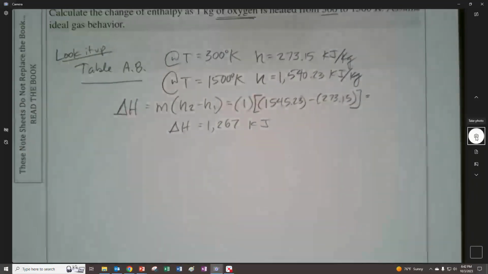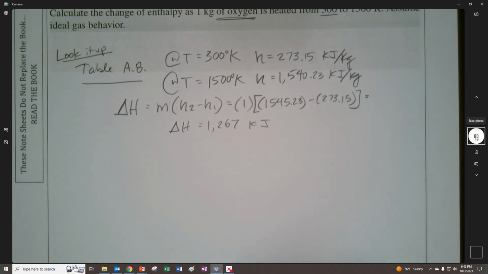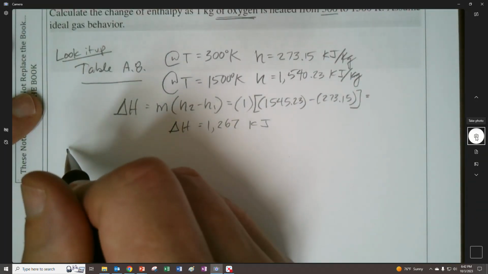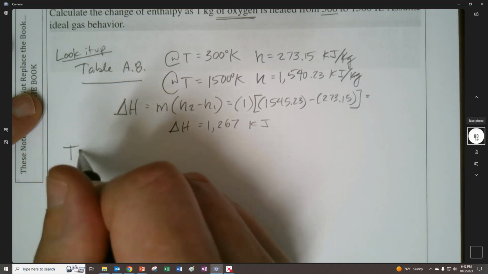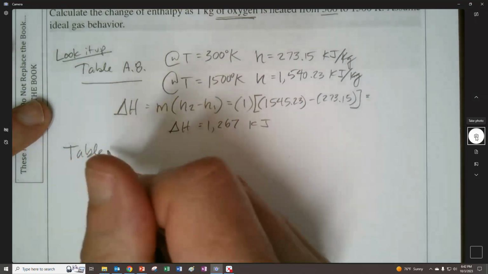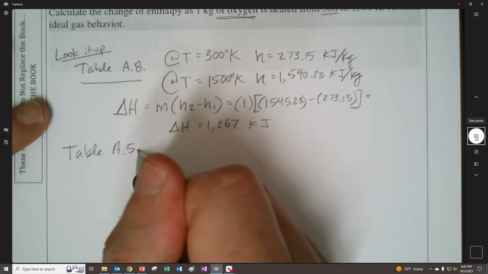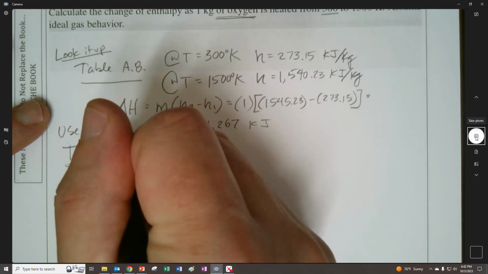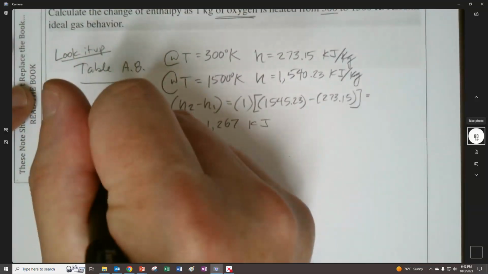So in the next one, we're going to look up what the specific heat is at constant pressure. So this is table A5. We're going to use C sub P for an ideal gas.